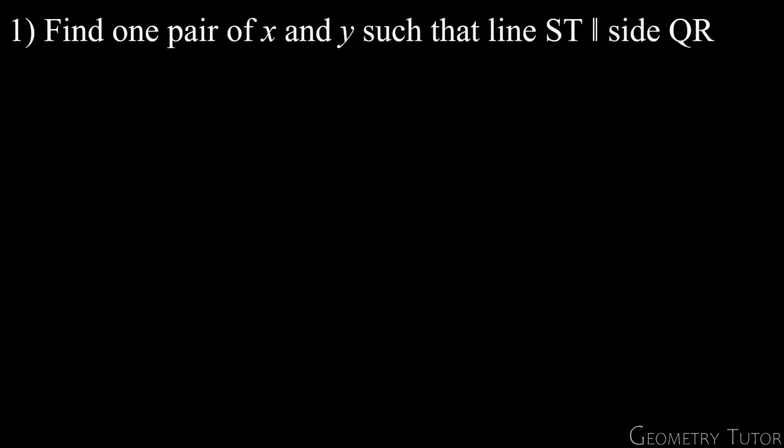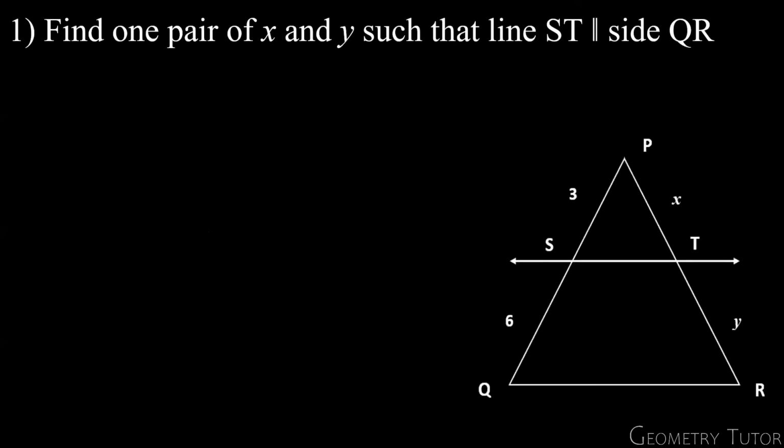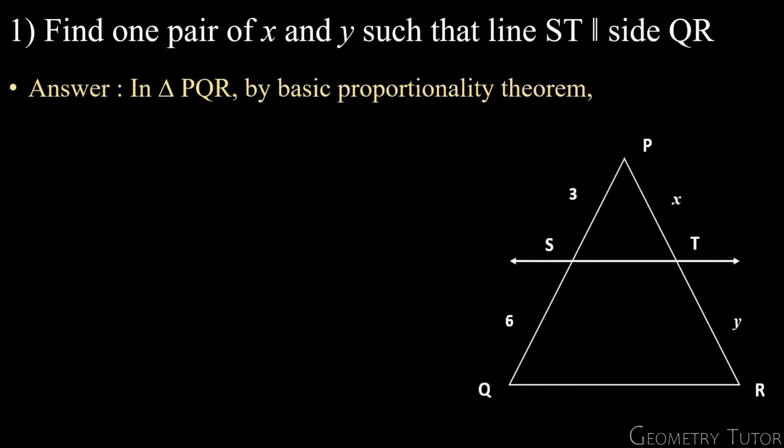First example. Find one pair of x and y such that line HT is parallel to side QR. In triangle PQR, PS is equal to 3, SQ is equal to 6, PT is equal to X, and TR is equal to Y. So in triangle PQR, by basic proportionality theorem, we get PS upon SQ is equal to PT upon TR.